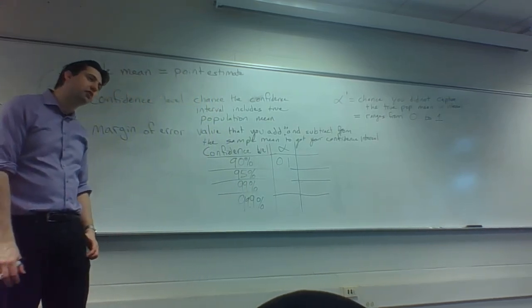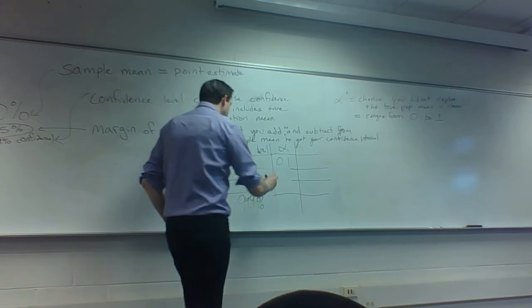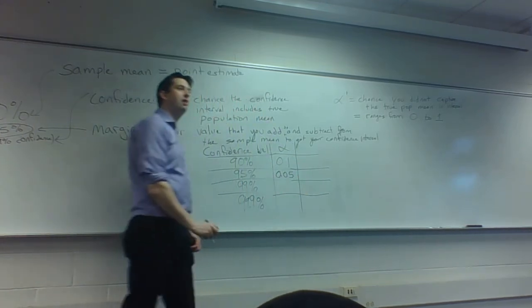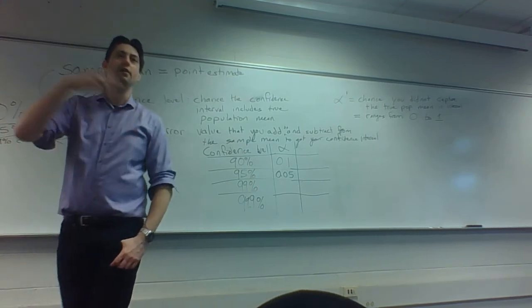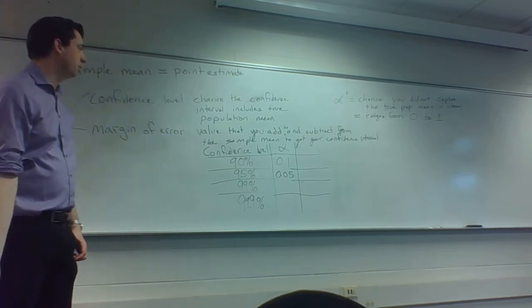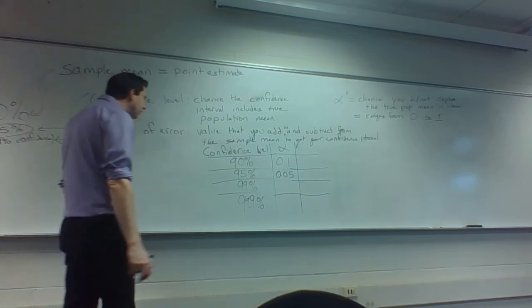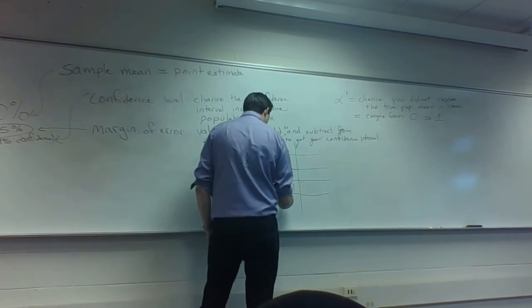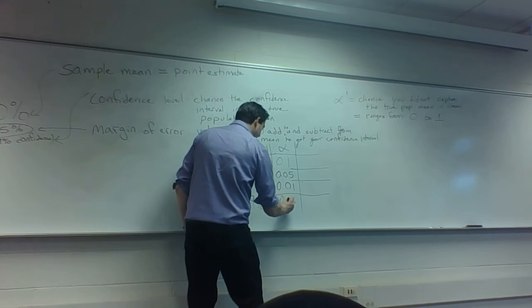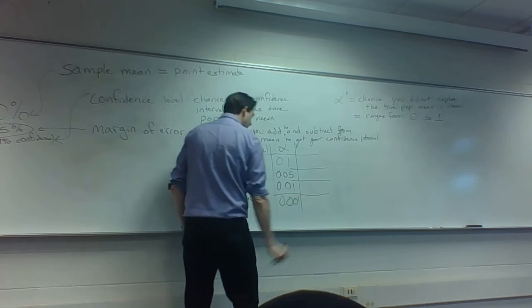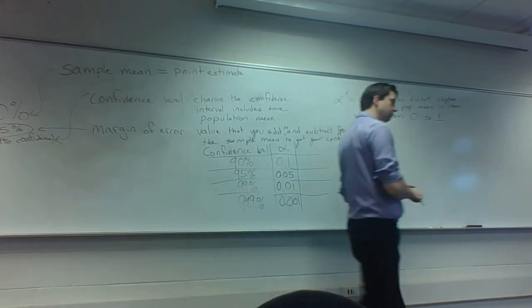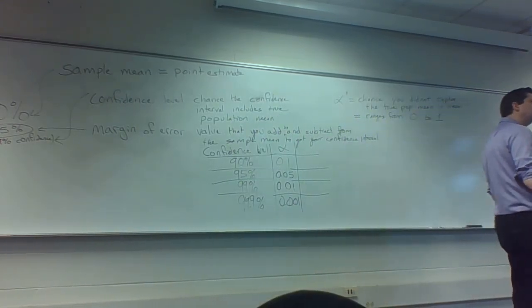A 95% chance translates into 0.05. 99% becomes 0.01, and 99.9% becomes 0.001. Any questions so far?